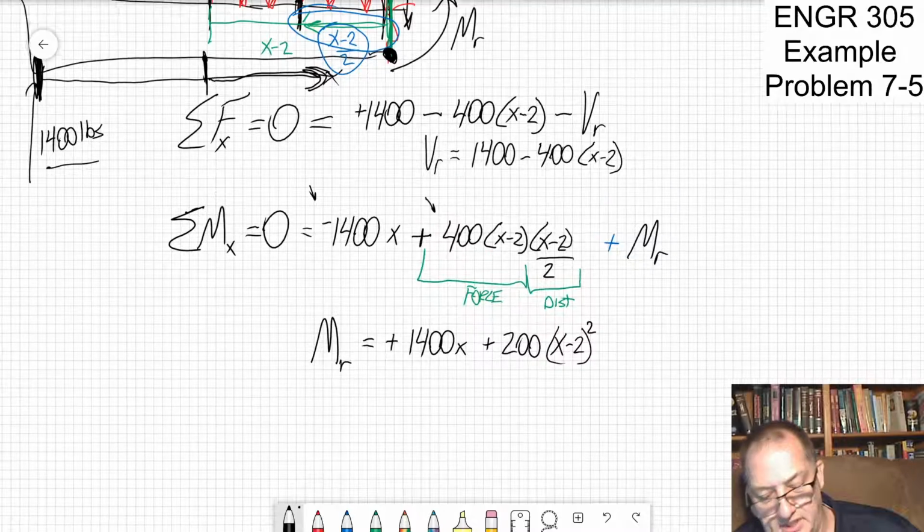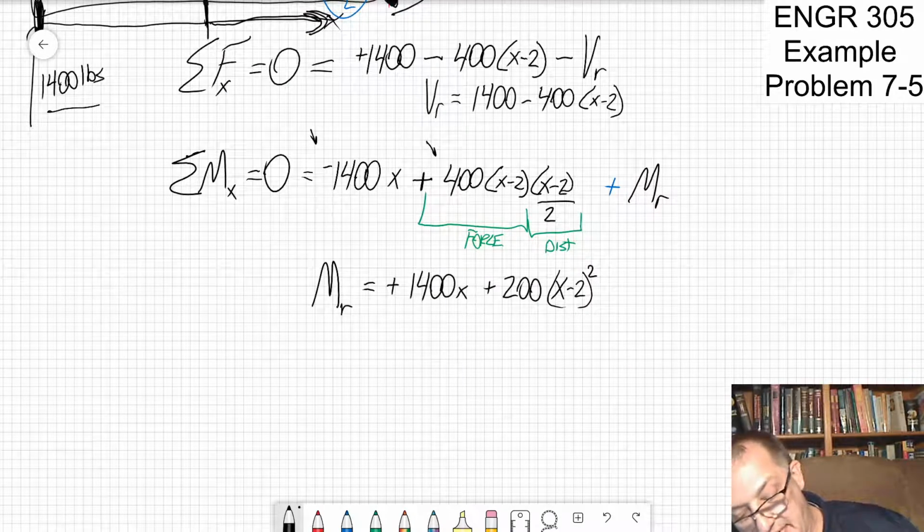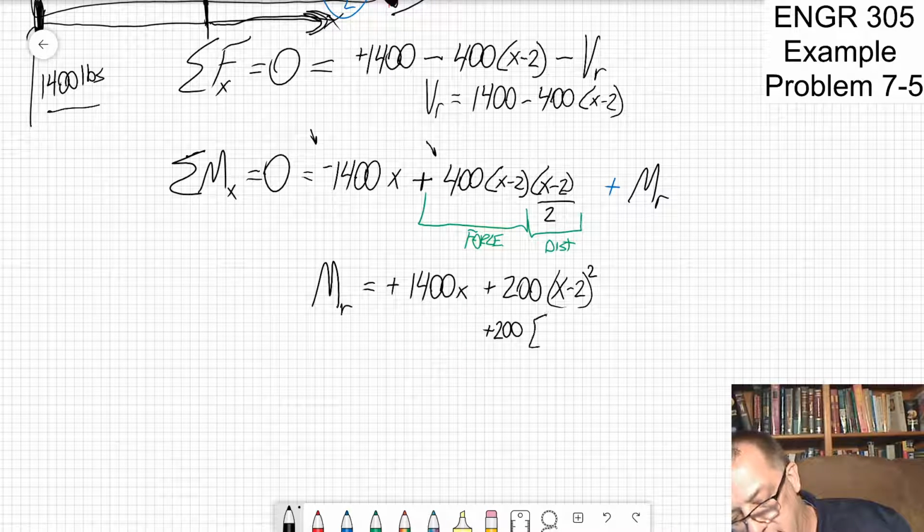All right, so 1400x plus, well, then I should probably multiply that out, so that becomes plus 200 x squared minus 4x plus 4, and then I'm going to still have a 1400x out here.